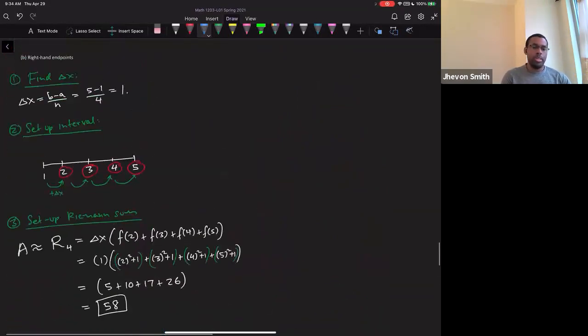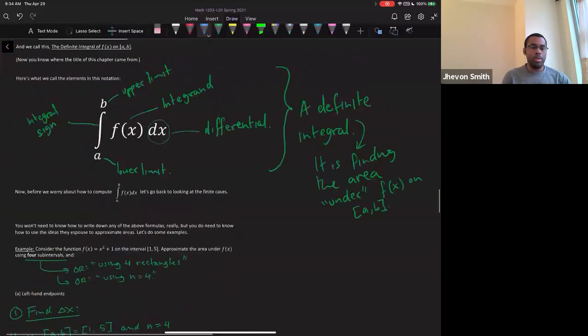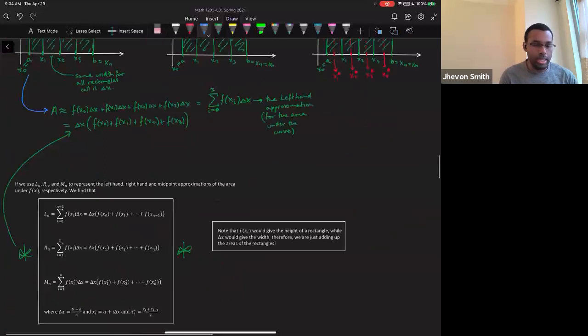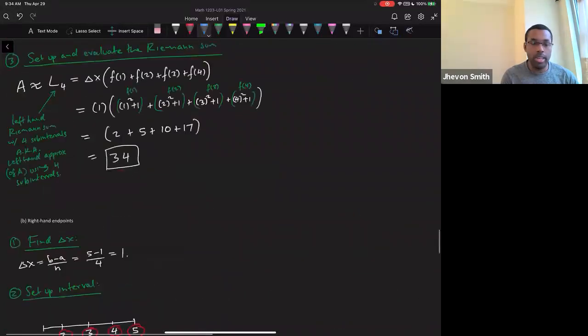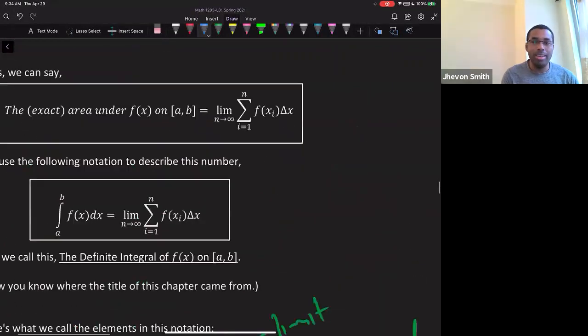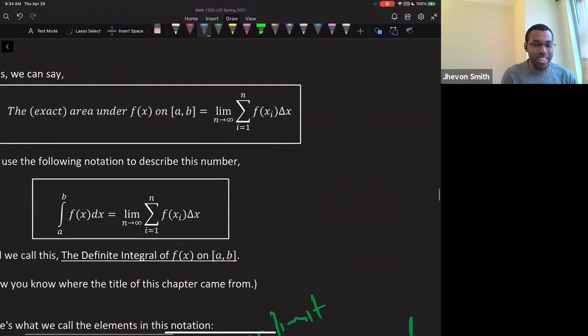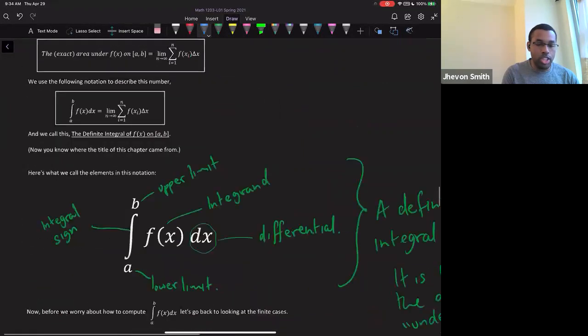So that's basically it. That's the process. So that's how we solve the area problem. And this is how we approximate the solution to the area problem with a finite number of rectangles. Of course, I'm going to have to teach you how to actually find this limit. I'm not going to ever show you how to find it directly. I would in the other Calc 1 class, but not in this one. And so I'm just going to show you the shortcut, right?